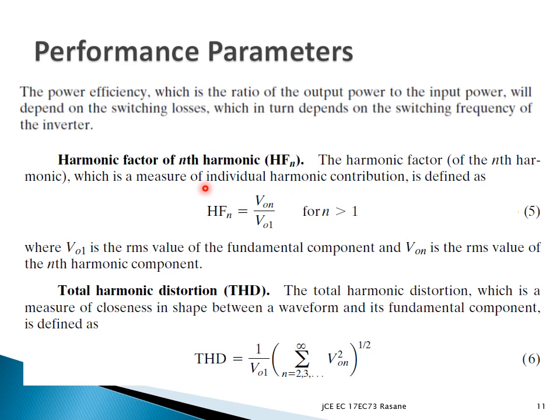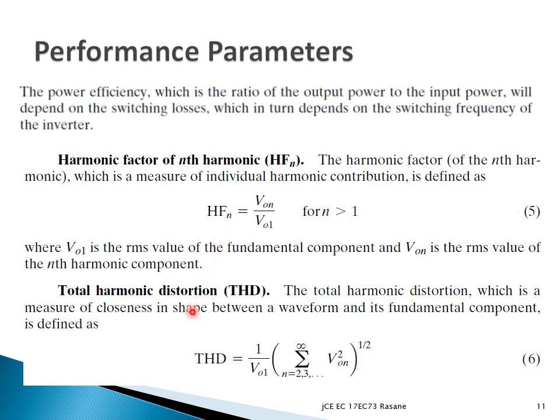The nth harmonic factor is given as V0n upon V01, the nth harmonic output voltage upon the fundamental component, for all harmonics greater than 1, where V01 is the RMS value of the fundamental component and V0n is the RMS value of the nth harmonic component. So this is the harmonic factor.